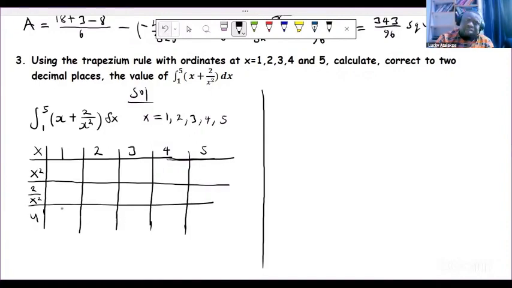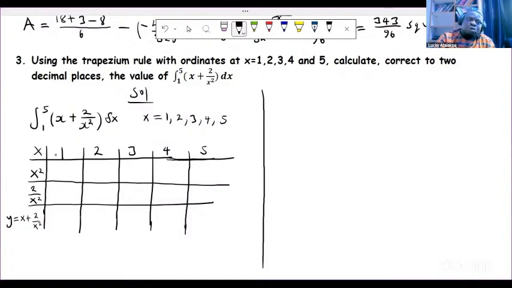Then y. And y is simply our equation, which is x plus 2 over x squared.